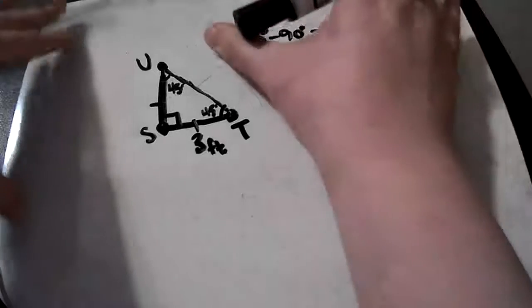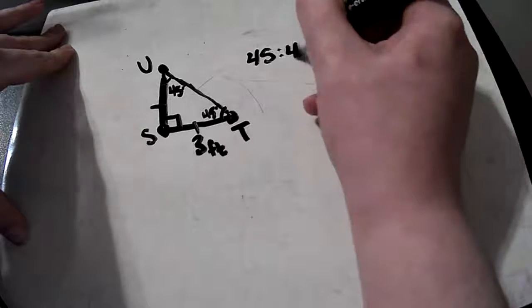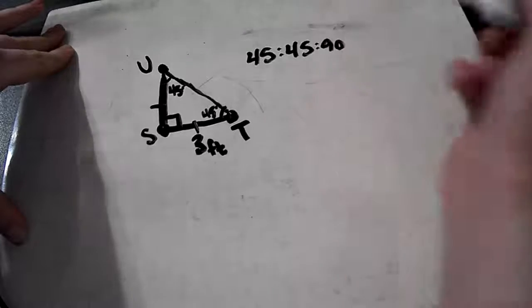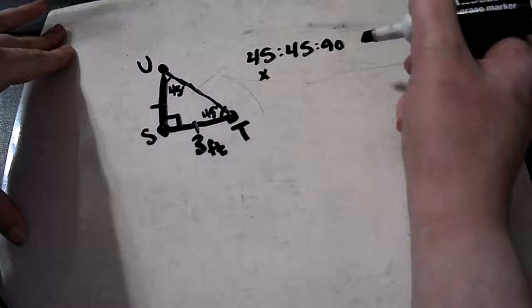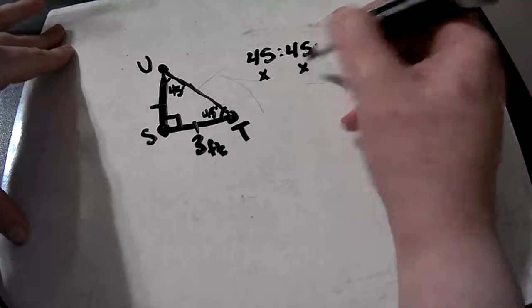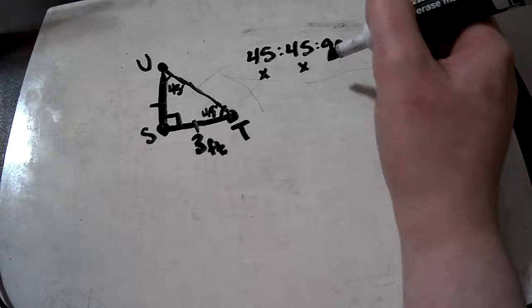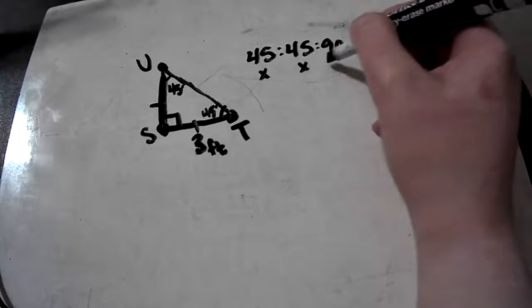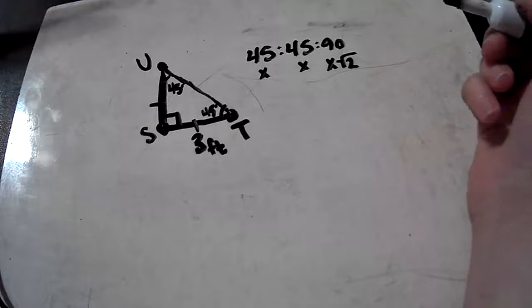And when we learned about our 45, 45, 90 special right triangles, we learned that if we knew one of the legs, we also knew the other leg, and that the relationship between the leg and the hypotenuse was that we could take the length of the leg and multiply by the square root of 2, right?